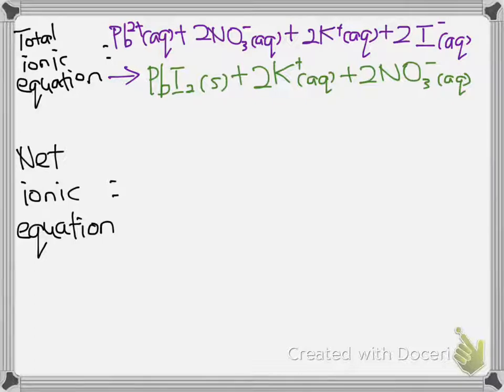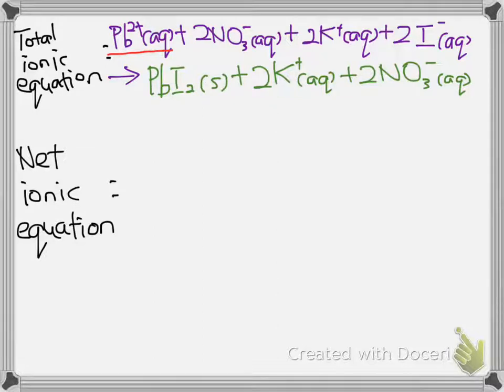So to identify spectator ions, we will need to look at which ions appear in both the reactants as well as the products. So let's look at the ionic equation now. Alright, let's look at the reactants in purple. Let's first take a look at Pb2+.